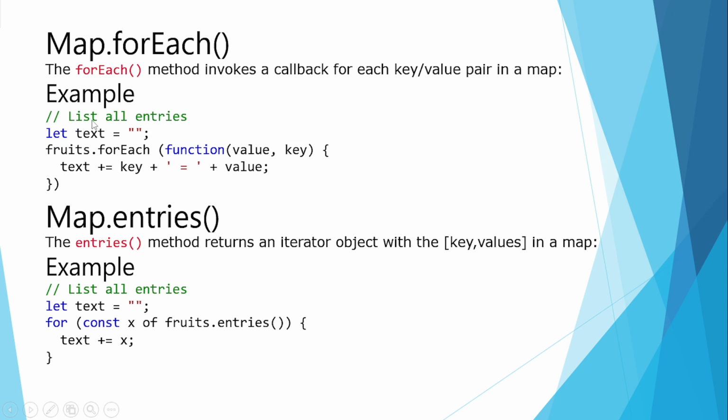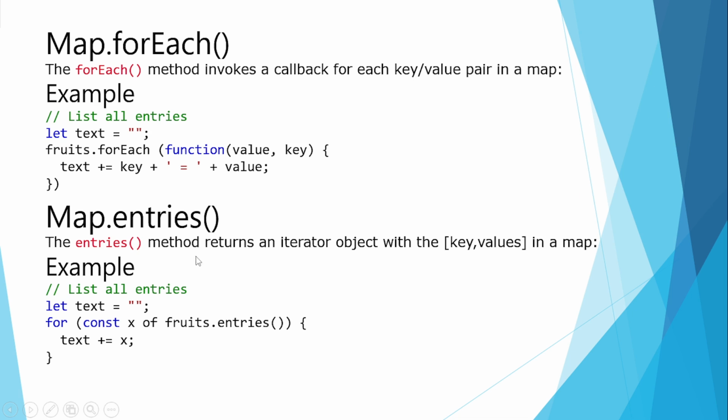For example, here to list all entries we can call the forEach method, like fruits.forEach, and there we have a callback function with value and key, and in that function we can assign text plus equal to keys, and then concatenate values, so we store all the values that are present in the map in the text variable.